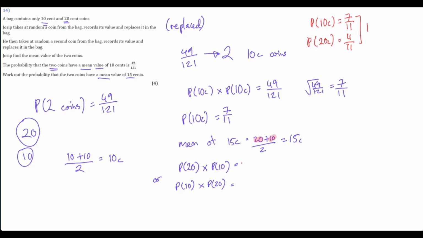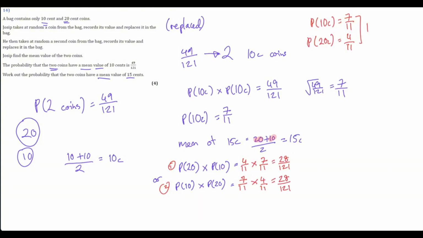So probability of 20 is 4 out of 11 times probability of 10, which is 7 out of 11, which is 28 over 121. And again, for part 2, probability of getting 10 cents is 7 over 11, and probability of getting 20 cents, remember, the coins are replaced, so the total count does not go down. That's also 28 over 121.